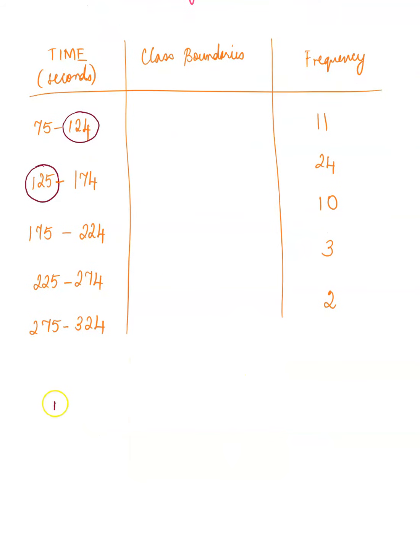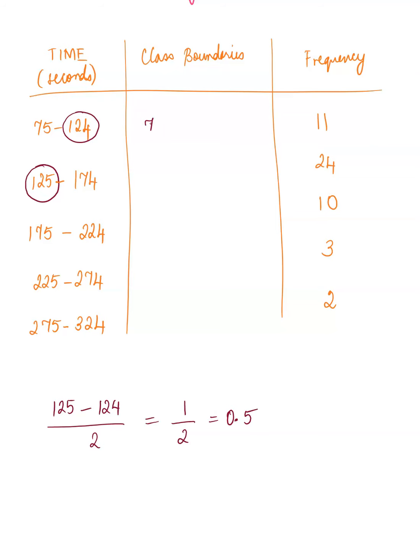I take that 125 and subtract the 124 from it, and I divide it by 2. So that is 1 divided by 2, which is 0.5, right? So I'm going to take away half a point from 125 and add that to the 124, so that my class boundary would look like this.